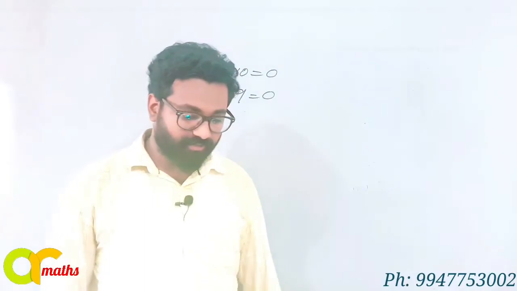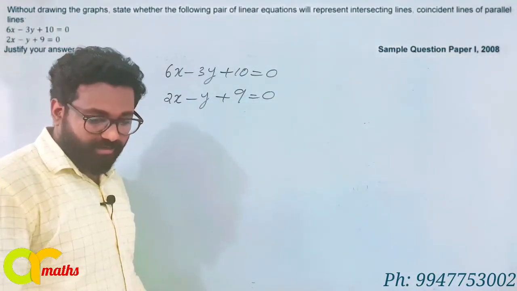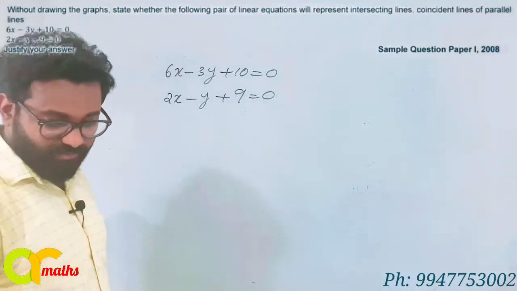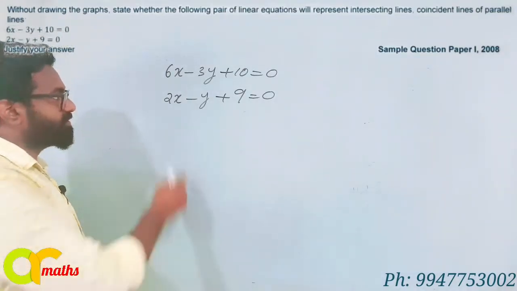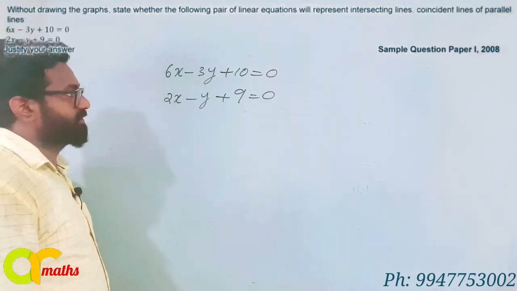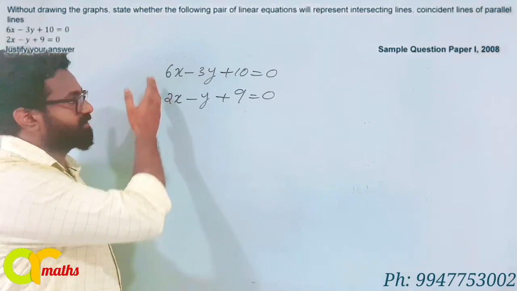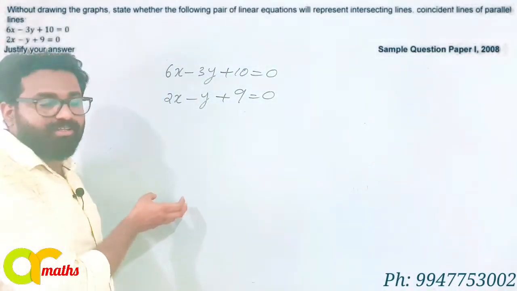Okay, next question. Without drawing the graph, state whether the following pair of linear equations will represent intersecting lines, coincident lines, or parallel lines. Given two equations of two lines, without drawing, we have to find whether these two lines are intersecting, parallel or coincident.